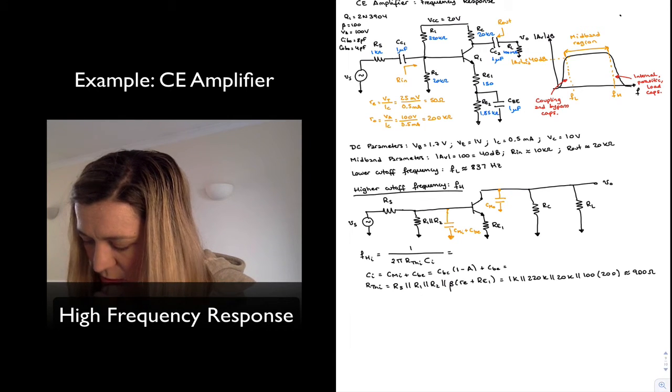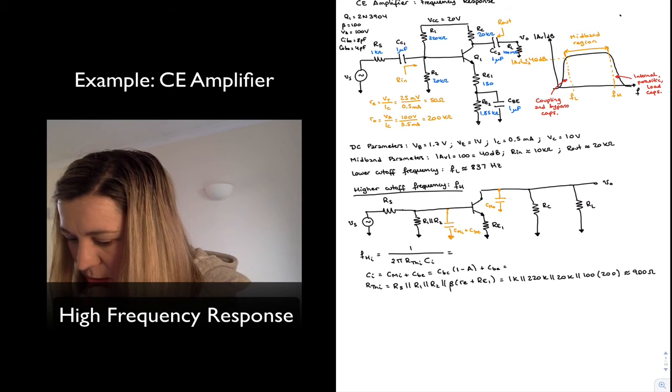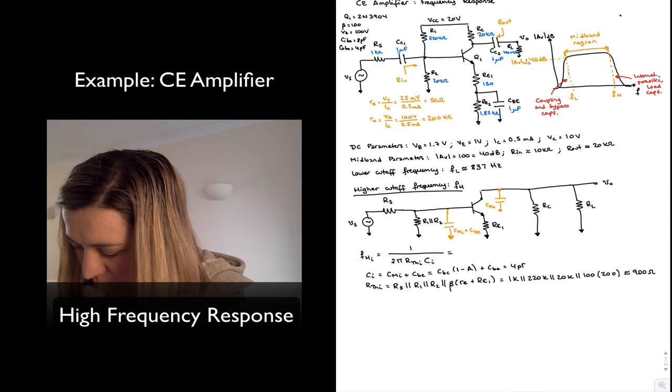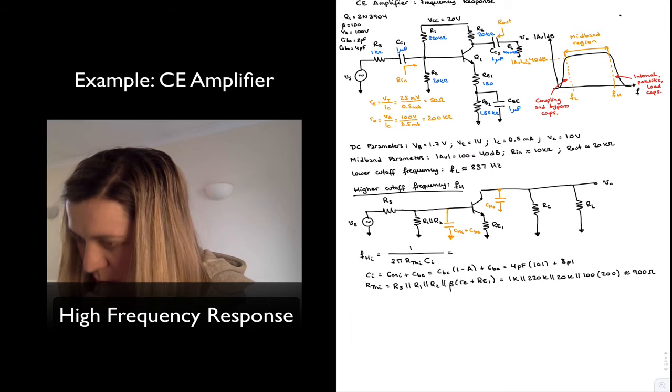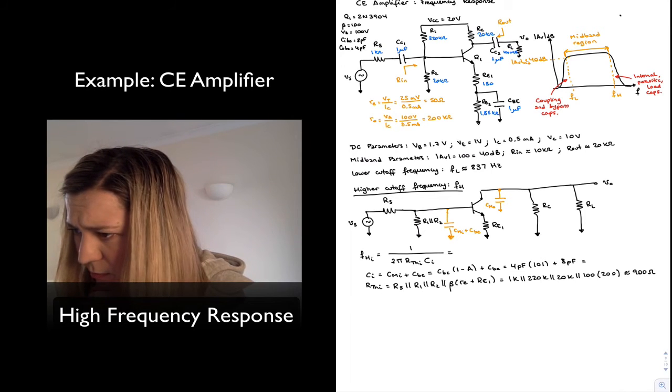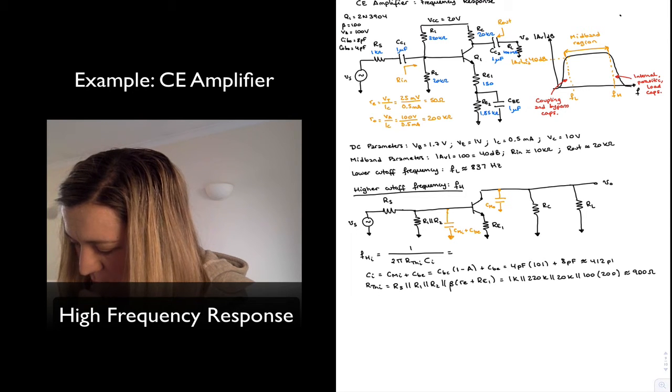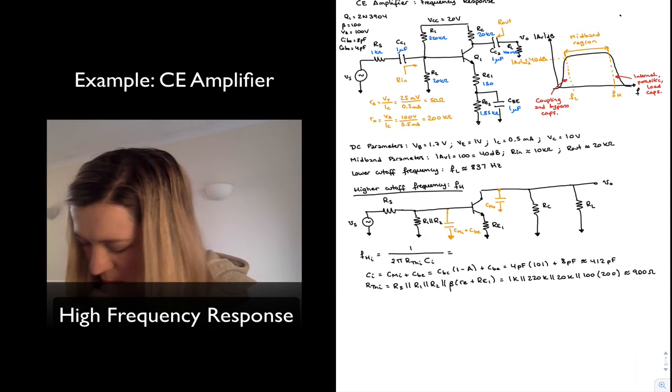And so in this case, it's going to be my CBC, which was 4 picofarads, times 101 plus CBE, which is 8 picofarads. And that's approximately 412 picofarads. And now I can enter those values into my equation here.